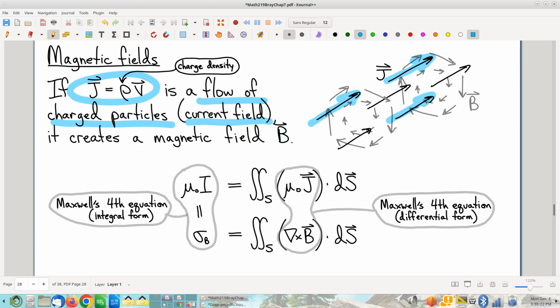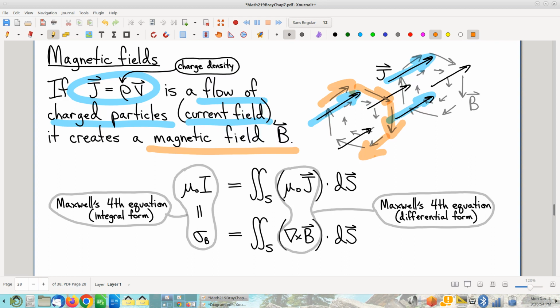In general, when you have a flow in space of charged particles, you're going to get a magnetic field that, again, has a kind of circular aspect anyway, sort of like that, right-hand rule and all that business. But it's complicated by the fact that the flow is not in a wire, but in free space.